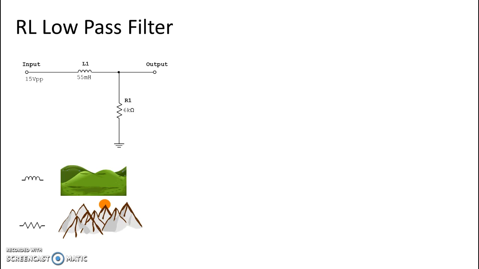So when your inductor is on top, that's where your hills are. And so your hills are lower than mountains, so you know that this is a low pass filter. Now if your resistor was on top, in other words in series with the output, then it would be a high pass filter because mountains are higher than hills. So there's a little picture concept mnemonic, hopefully, that will help you to identify your low pass from your high pass filters.